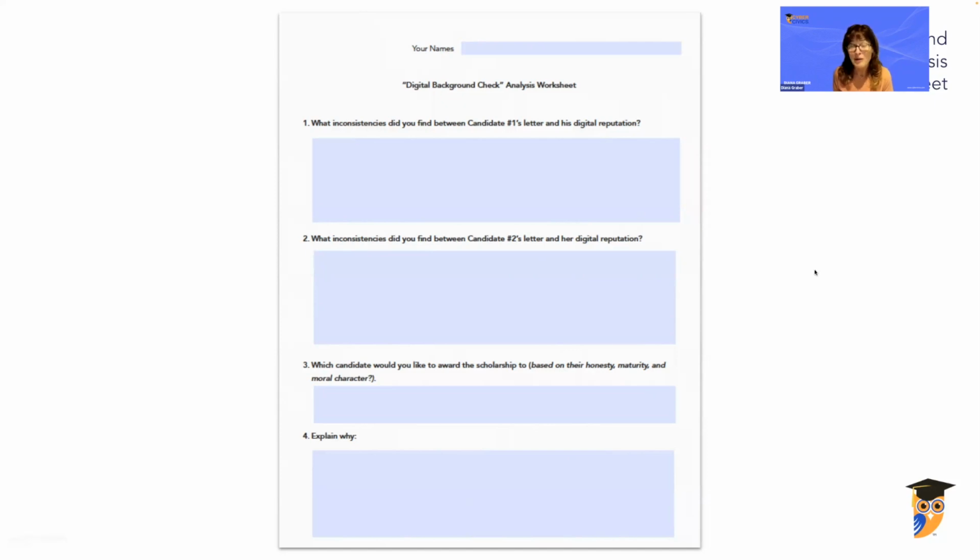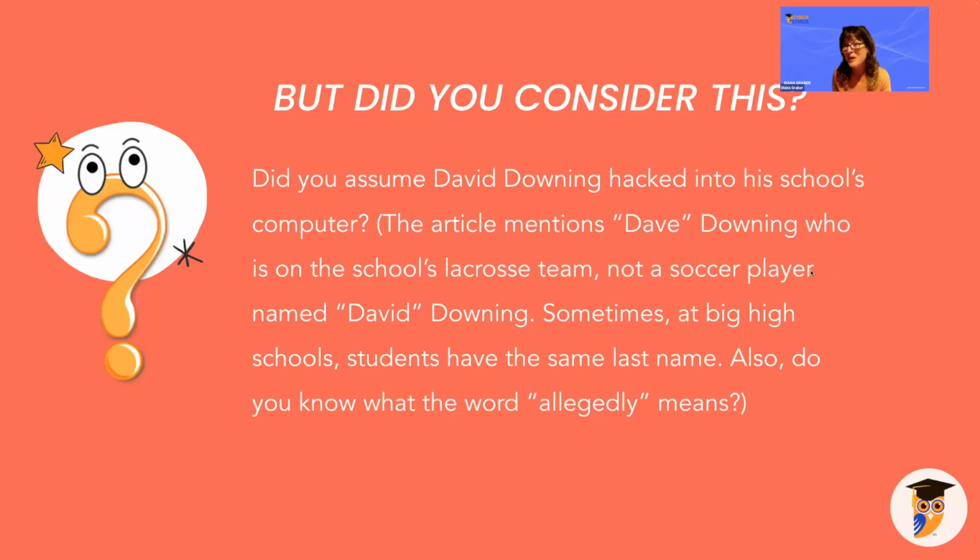And I will tell you, almost every time I've done this lesson, the students come back and they say, I don't want to hire anybody, or I'm not going to give either of them the scholarship. And then there are some other follow-up things that we want them to really consider that they may have missed in the digital reputation. So, one of my favorite lessons to teach. I think you'll enjoy it as well.